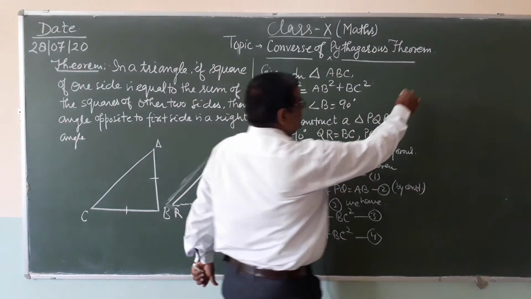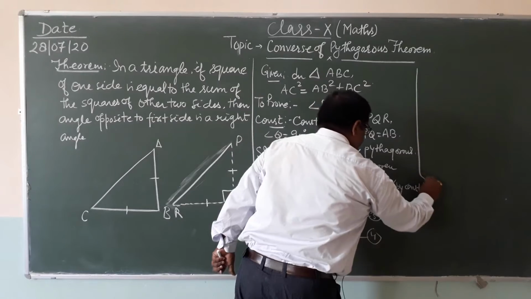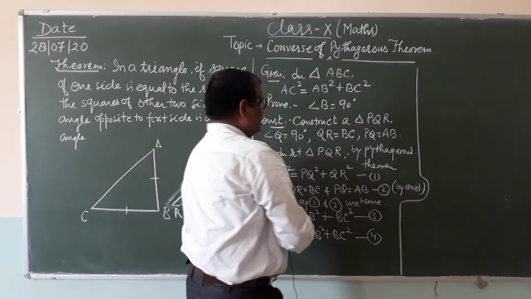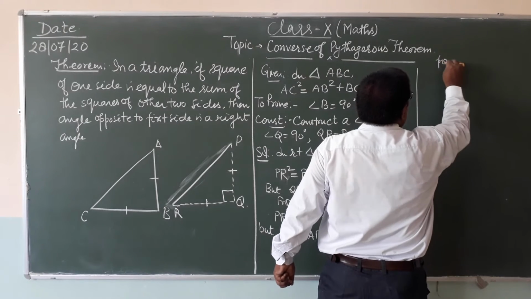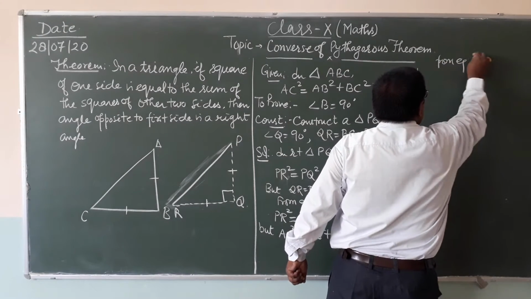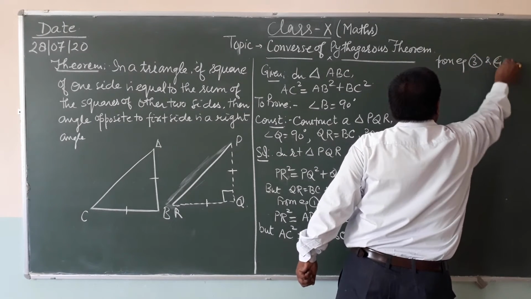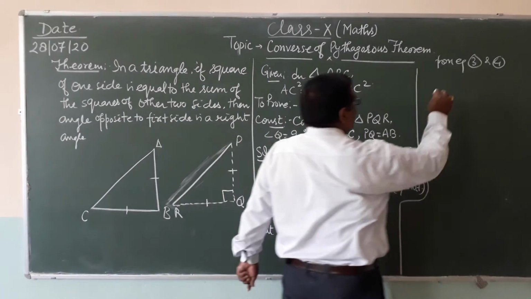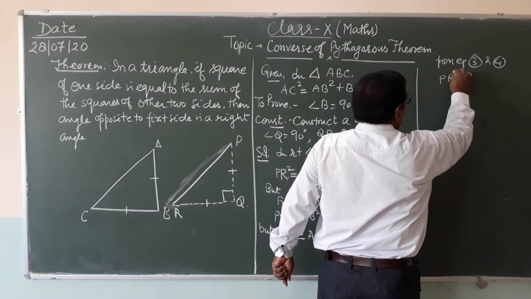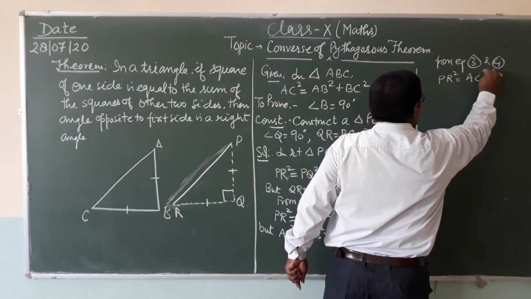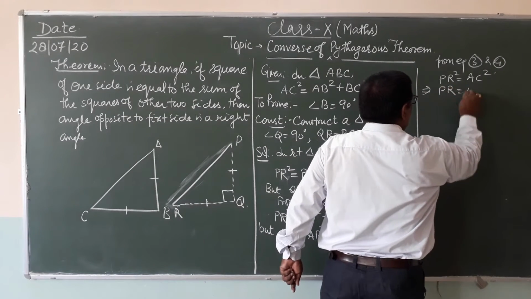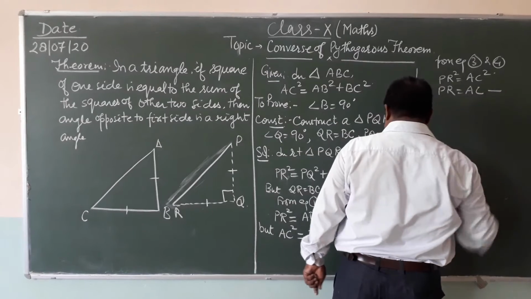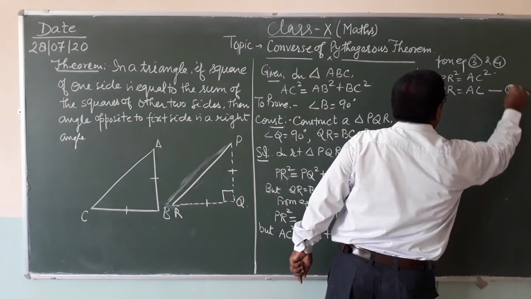From equations 3 and 4, PR square is equal to AC square, and this implies that PR is equal to AC. This is equation number 5.